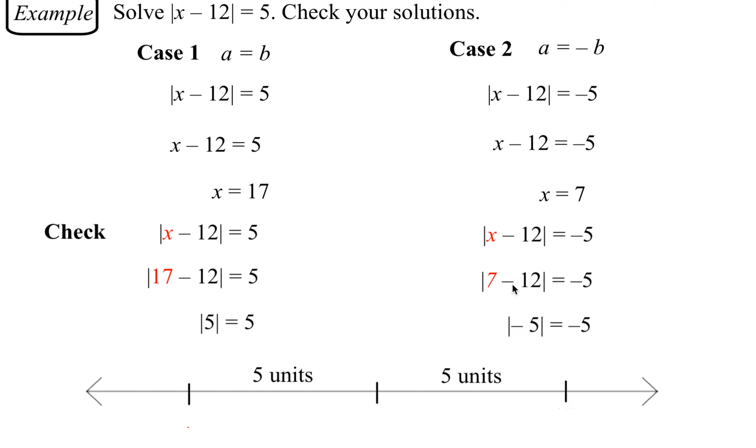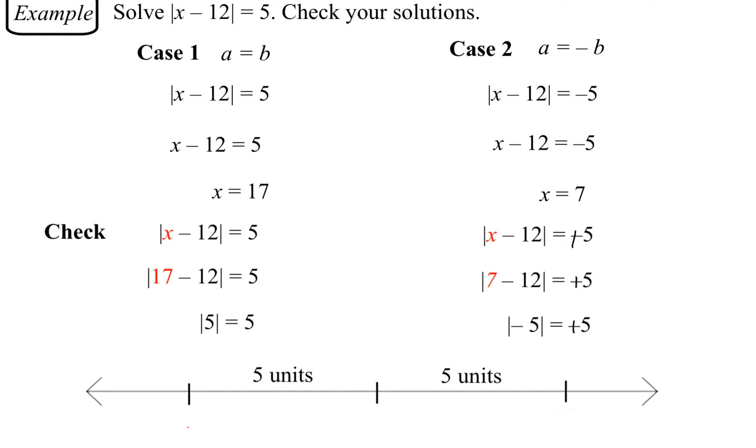Okay? When we plug in a 7, the absolute value of -5, this should say +5 here. There's a typo here, so let's go ahead and change this. So these should say +5 over here. Sorry about that. Okay?